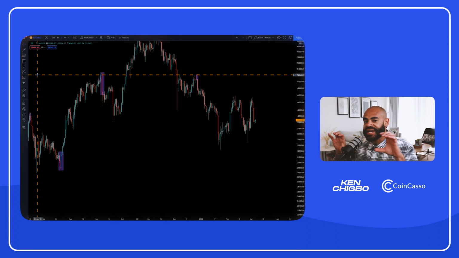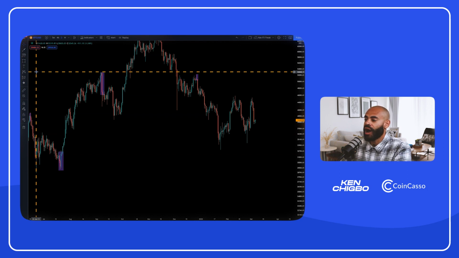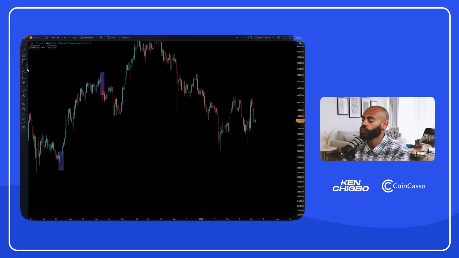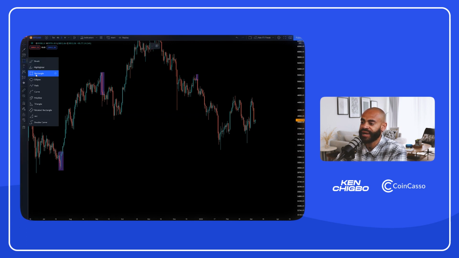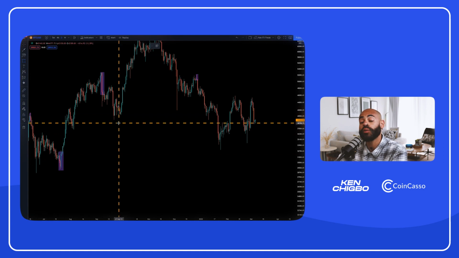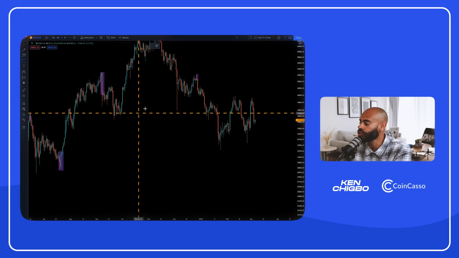Remember, these are rectangular boxes, as you saw in the diagram in that previous clip, rectangular zones where the supply and demand come into play. On TradingView, you should see all the tools to the left here. You want to find this square-looking one, click that and click rectangle. This is how we're going to start drawing our zones onto our chart.